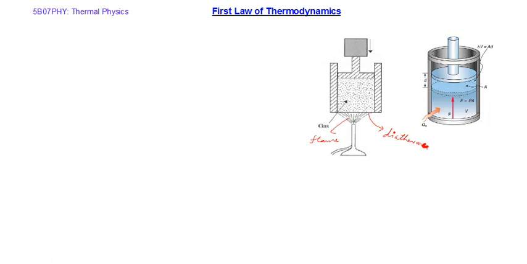Gas is compressed, so the arrow shows the piston to be moving down, means work is done on the system simultaneously.